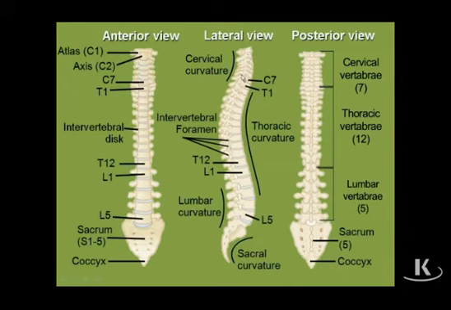Since the spinal cord is inside of the vertebral column, and since the spinal cord has spinal nerves emerging from it, and those spinal nerves have to get to the rest of the body outside of the vertebral column, there needs to be a pathway for those spinal nerves to get out. And what we see is a series of openings called intervertebral foramina, the openings between the vertebrae. It's through these intervertebral foramina that the spinal nerves exit. So what we can say is that what's occupying each intervertebral foramen is a spinal nerve. And that's going to be an important relationship.